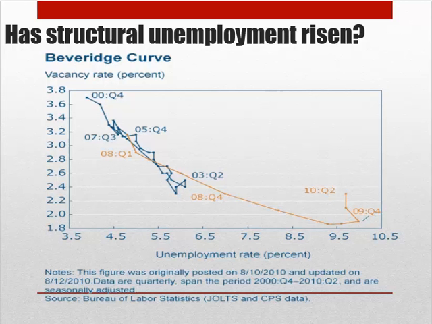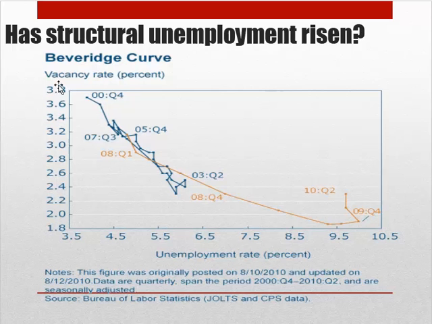One question that's being debated among economists is whether or not structural unemployment has risen. Unemployment seems to have been unusually persistent in our most recent recession. In particular, one thing that we notice is that usually there's a fairly predictable relationship between the unemployment rate and what's called the vacancy rate.